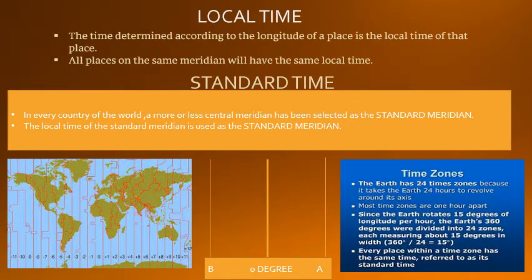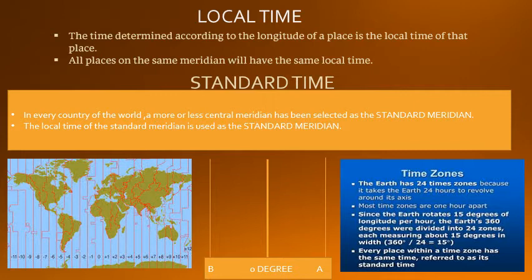Local time and standard time. What is local time? The time determined according to the longitude of a place is the local time of that place. All the places on the same meridian will have the same local time.